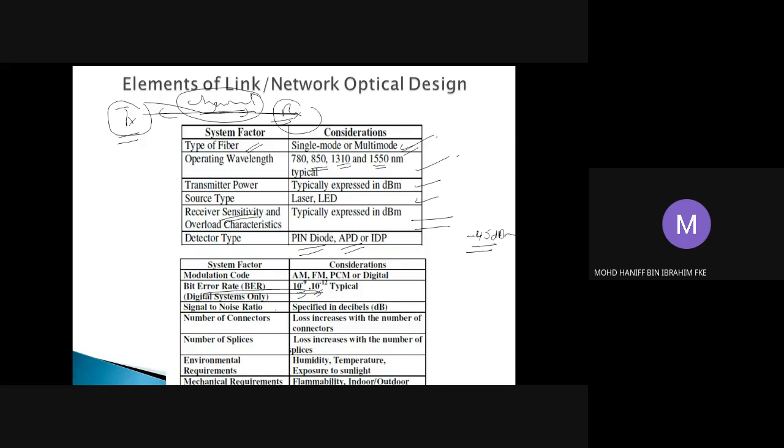So we have the signal to noise ratio down here. The number of connectors and the number of splices need to be considered in your system.